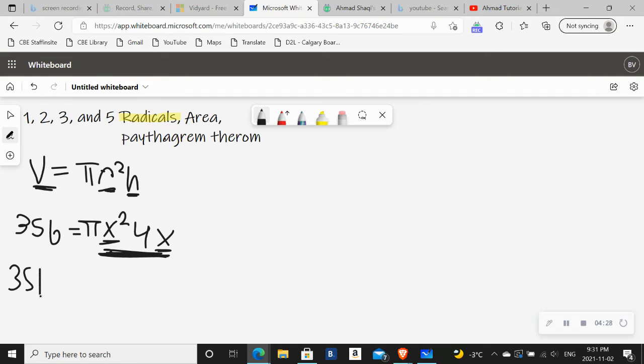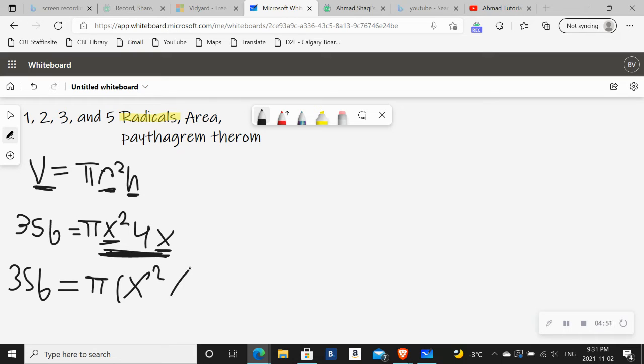356 pi. And what we can do is we can do x squared.